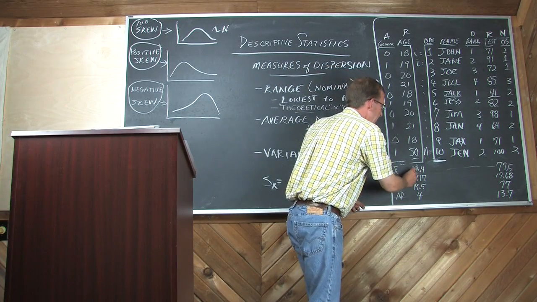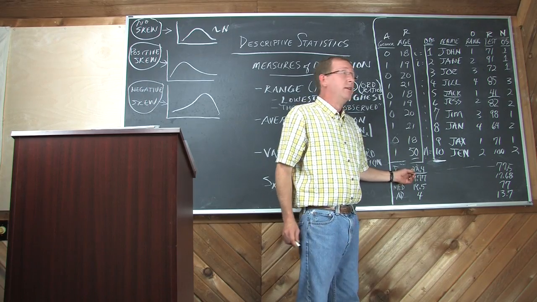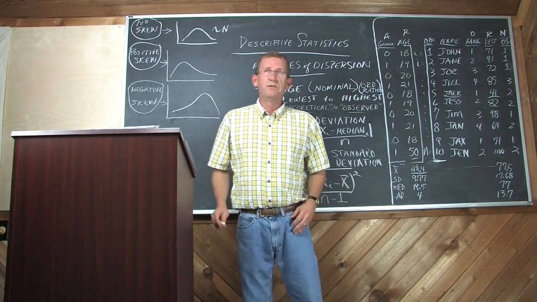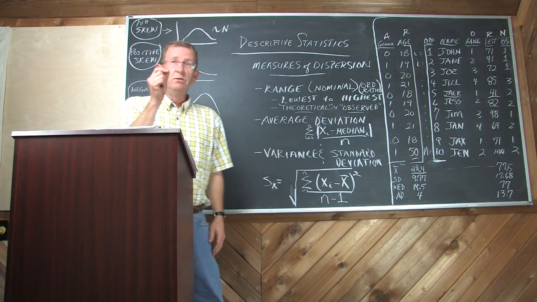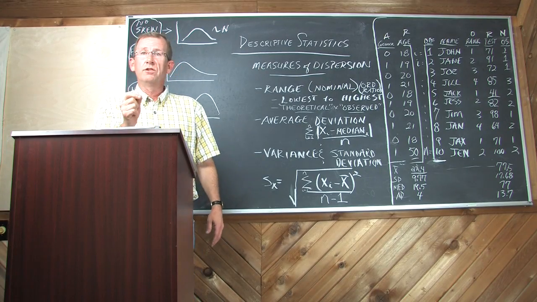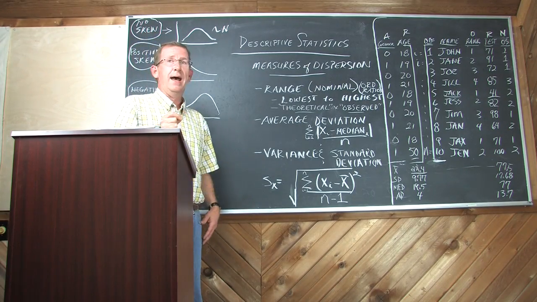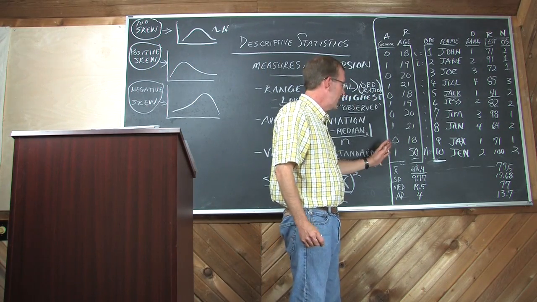Here's X bar. Don't know if you can read this. I mentioned last time the mean on age is 22.4. Only the 50-year-old in the class is over 22.4. So it's a really bad description of central tendency for these data.